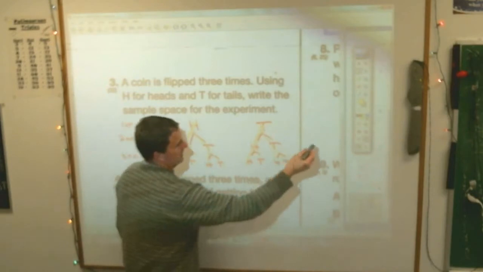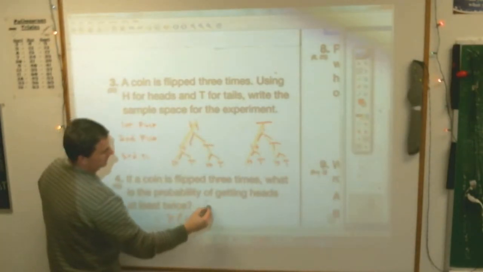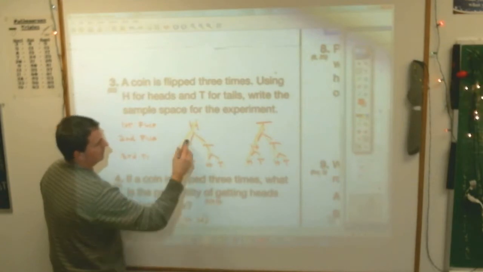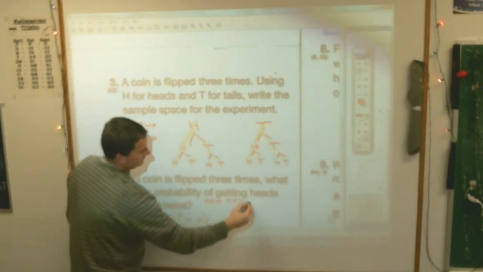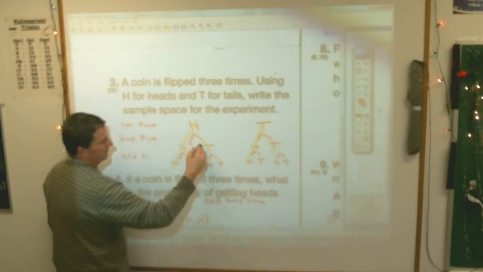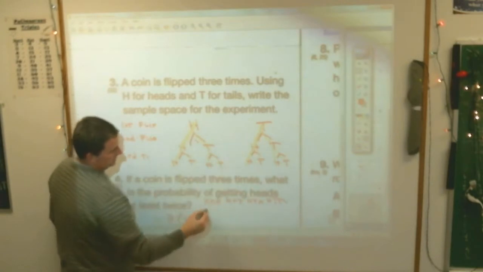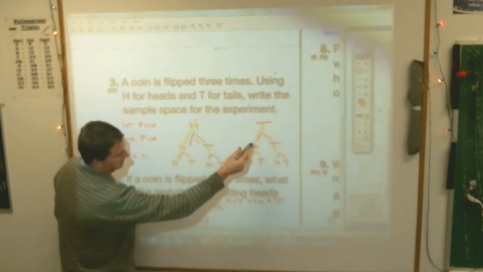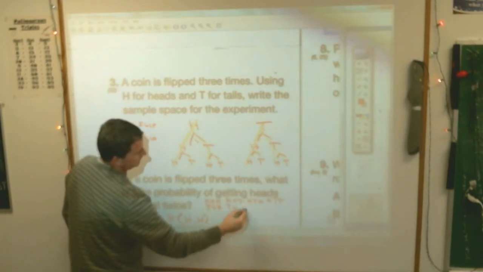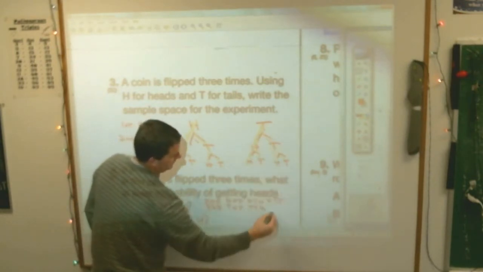So that's where your sample space comes from, all of those options: head, head, head, head, head, tail, head, tail, head, head, tail, tail. And then, starting with the tails, you get tail, head, head, tail, head, tail, tail, tail, head, and tail, tail, tail.